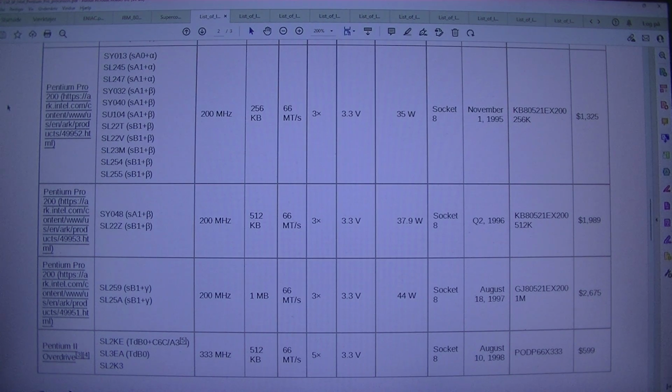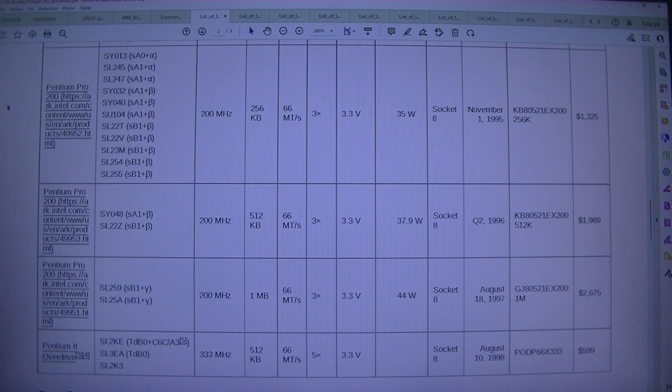SL22V, SB1 plus beta. SL23M, SB1 plus beta. SL254, SB1 plus beta. SL255, SB1 plus beta. 200 MHz, 256 KB, 66 MHz bus, multiplier 3, 3.3 V, 35 W, socket 8. November 1, 1995. 80521KX200256K.